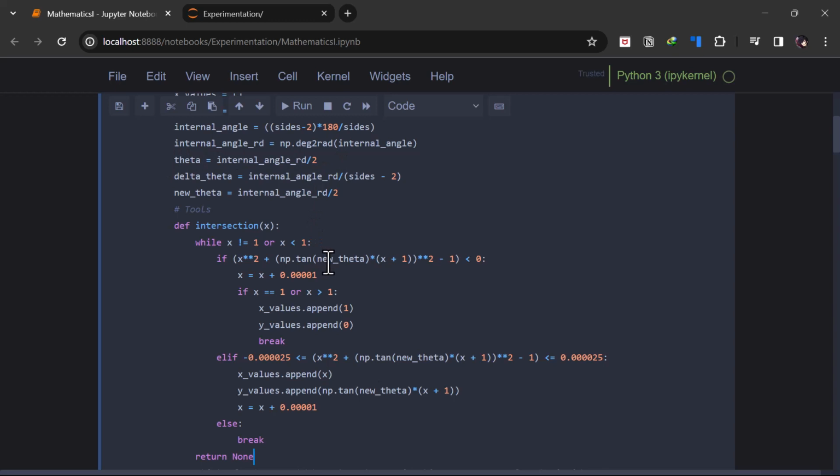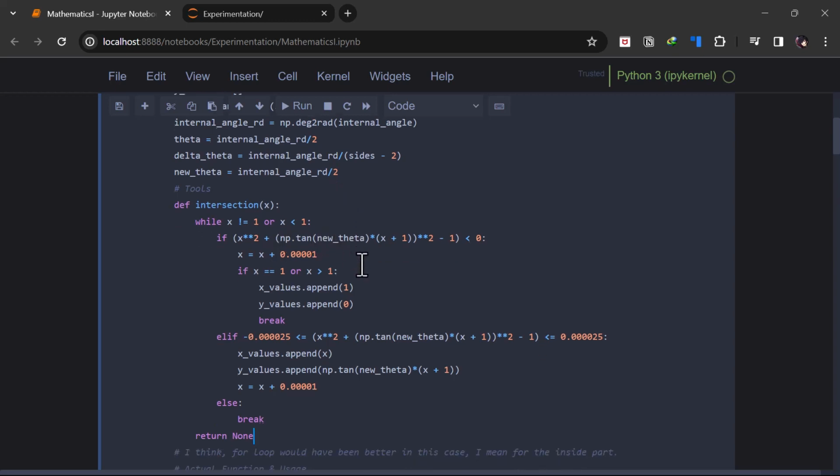Obviously the first line that we are dealing with is using this new theta angle, the internal angle by 2, in its slope, right? np.tan of new theta.